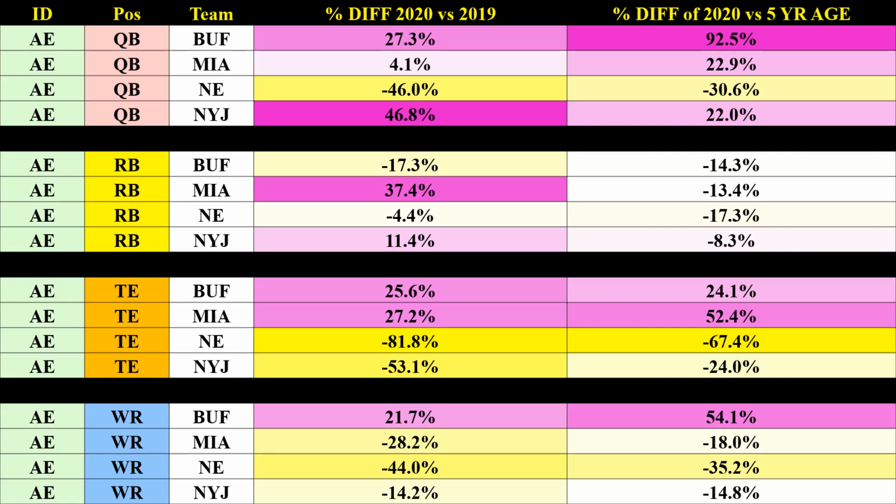What else? So I'd like to look at percentages on a scale of 0 to 100, just to see what's going on. And so I plotted and calculated the percent difference from 2020 to 2019, so who really stepped up over the previous year, and then the percent of 2020 versus the 5-year average.